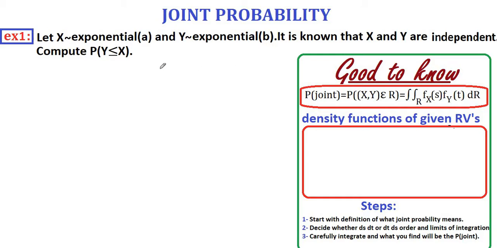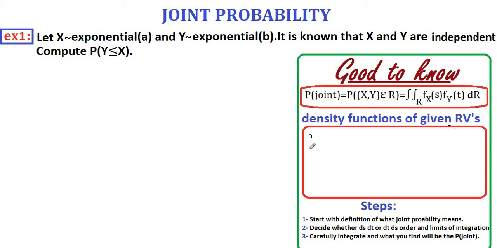In our case, we were given both exponential random variables. We know that in general, exponential random variables are defined as lambda e to the negative lambda t if t is greater than 0 and 0 elsewhere.